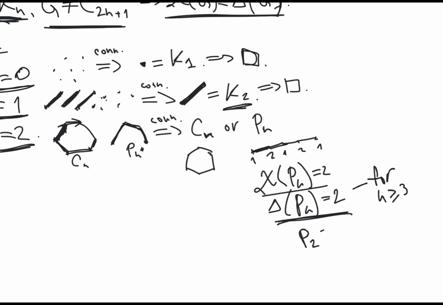P2 is the same as K2. So this is an exception, and for n greater than 3 we have this.